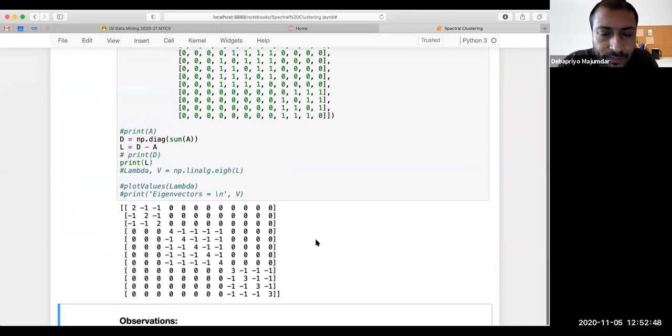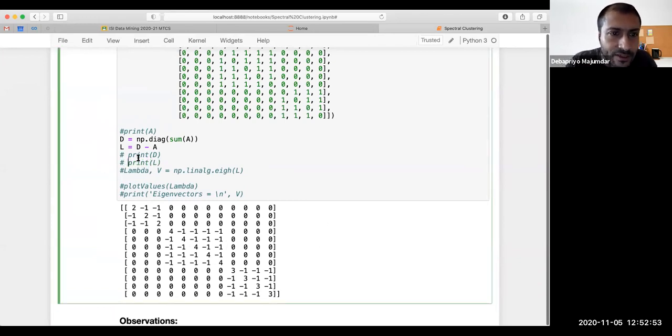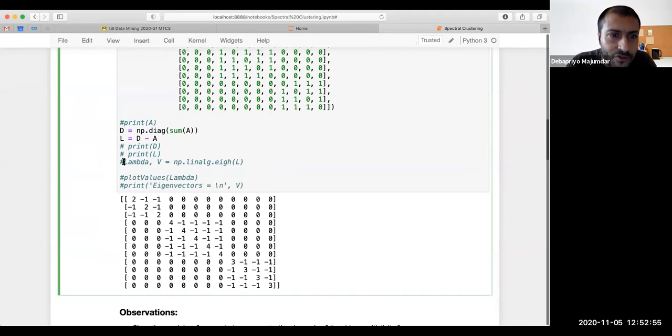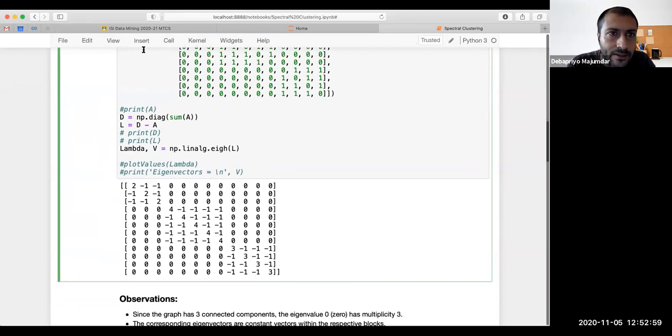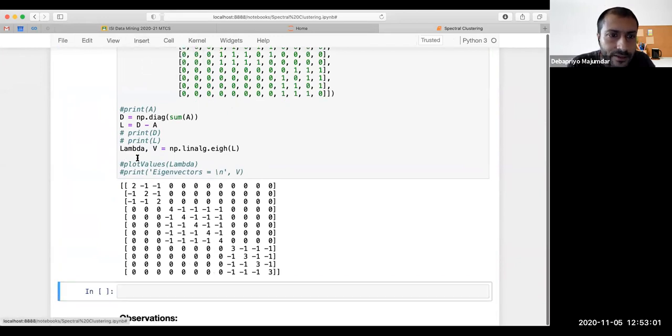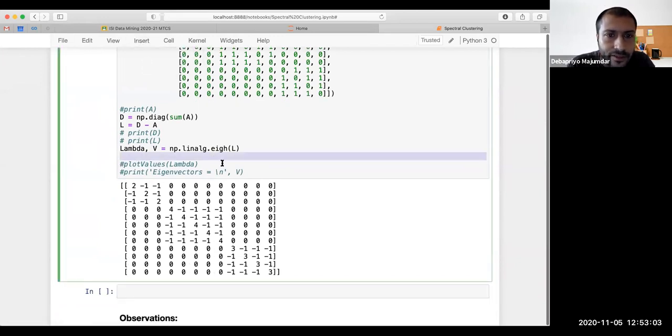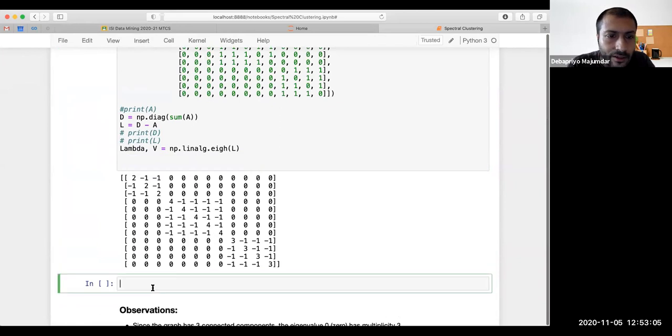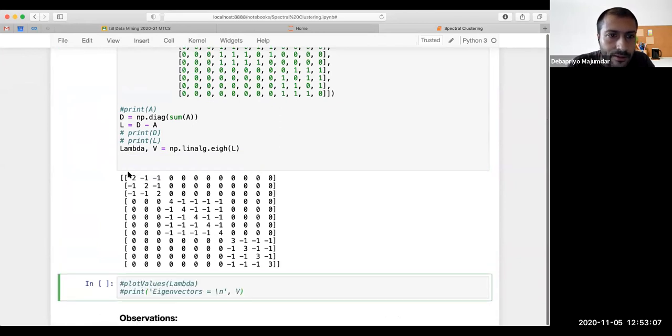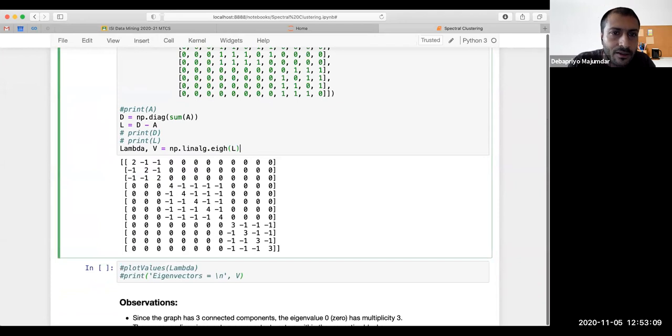Okay. At any point of time, please stop me if you have any doubts, but at this point, these things are very easy anyway. So now, obviously, we're going to compute the eigenvalues and eigenvectors of this.